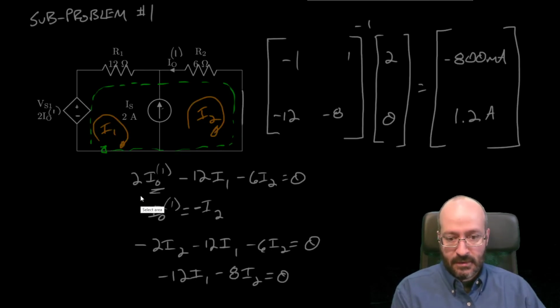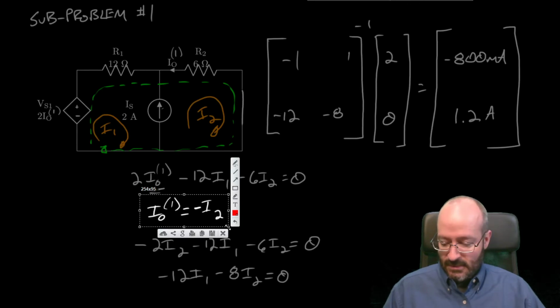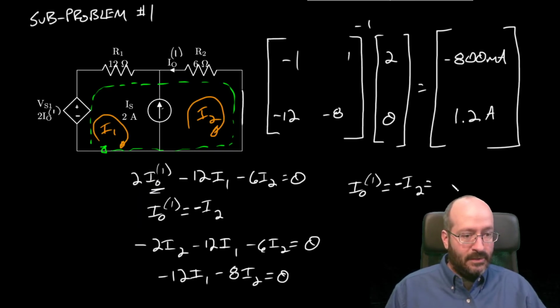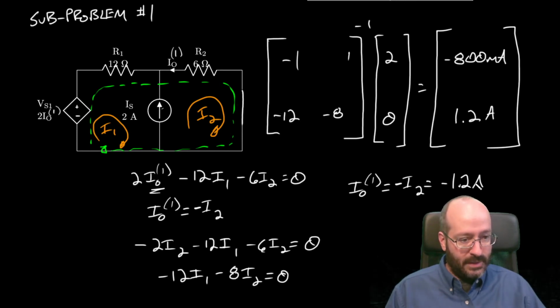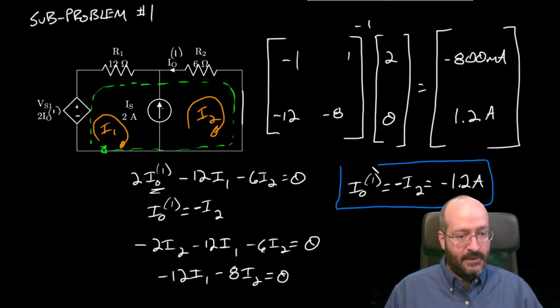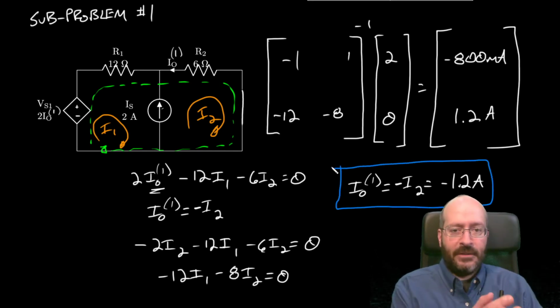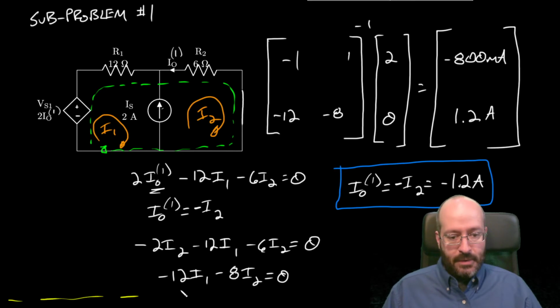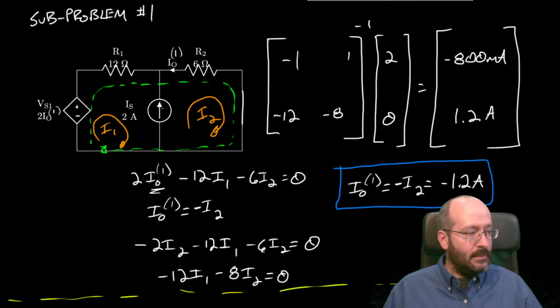So let's go ahead and steal it. So it's going to be -I2, which is -1.2 amps. And that is our solution for the first subproblem. Okay. Break up these subproblems, right?